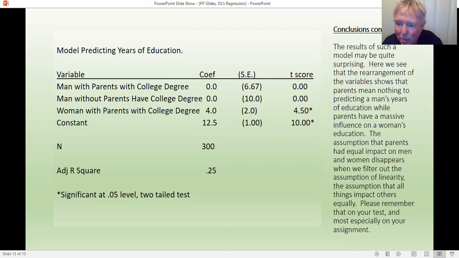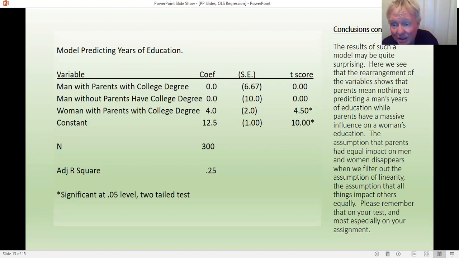This is something you probably will see later, in experimental design, where we assume that everybody is impacted the same by every variable. And if we were doing experimental design, we would have parents with college degrees compared to parents without college degrees, regardless of gender, and we would find that effect was much more weak.